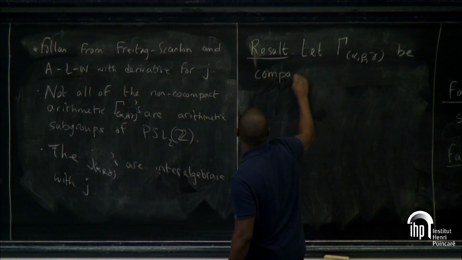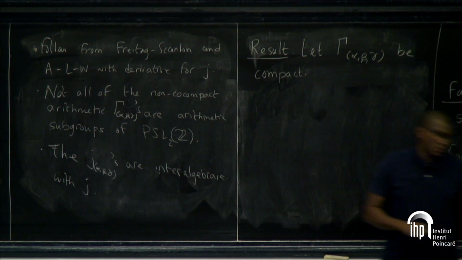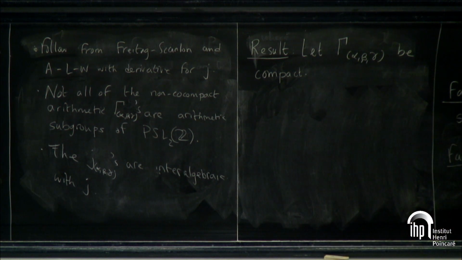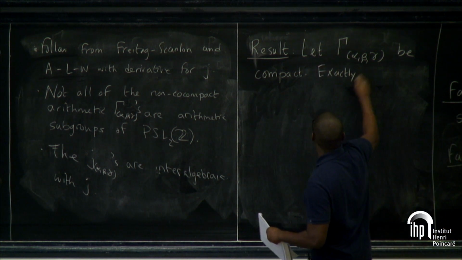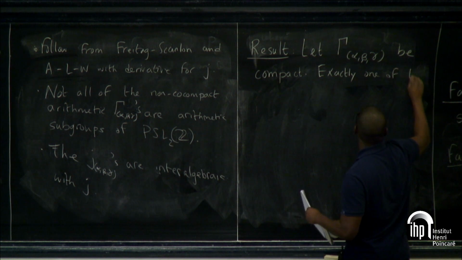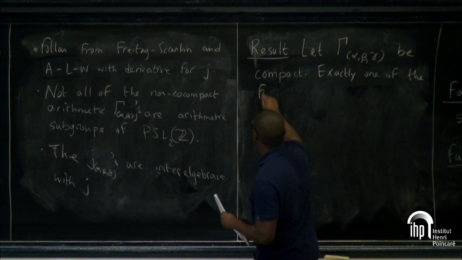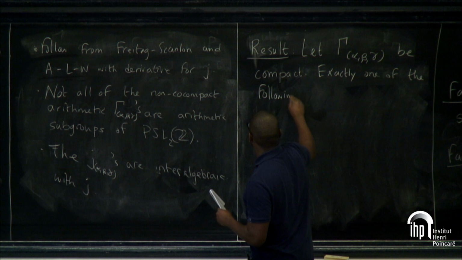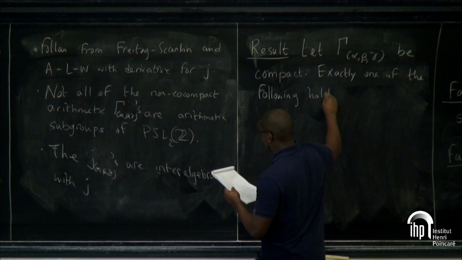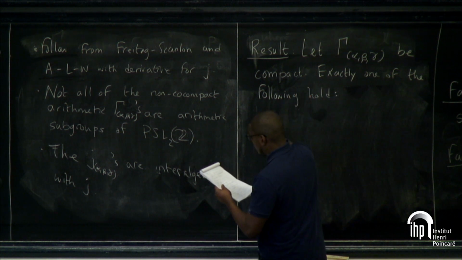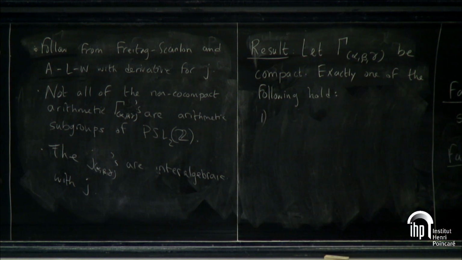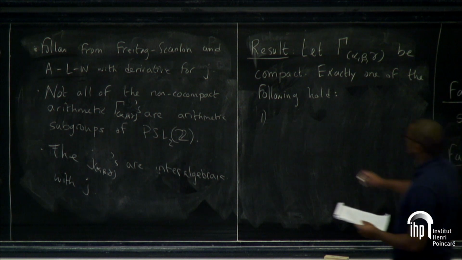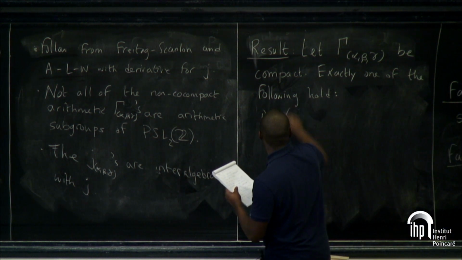And here, this is quite general, so we don't need the arithmeticity at the moment. So exactly one of the following holds. So we don't have strong minimality and triviality yet, but we know exactly what the obstruction to that is.